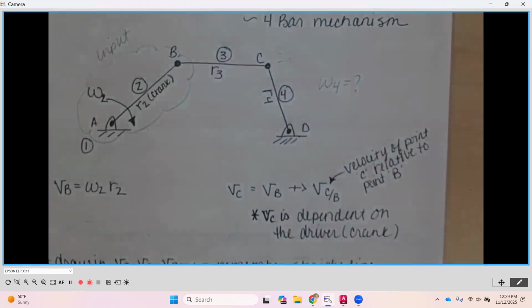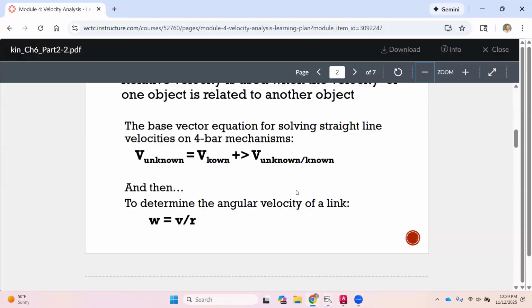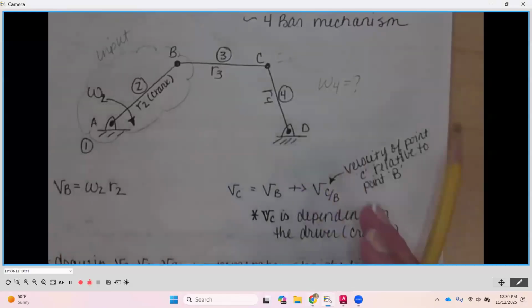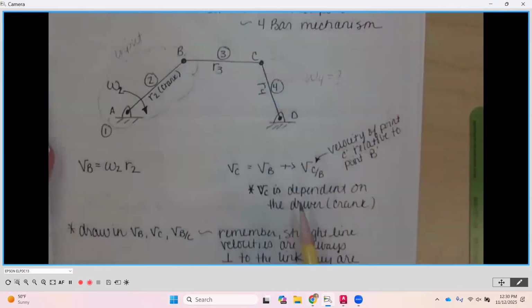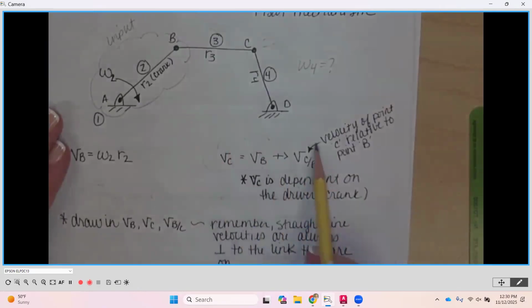That would be a known variable. And then the third vector is going to be plus vectorially the velocity of the unknown relative to the known. So the velocity of, if you would, a point on a link that connects those two points, known and unknown. So it's going to be what we call C relative to B here. Okay, so this is the vector equation we're going to use, and we're going to continue to apply in different ways on different 4-bar mechanisms.